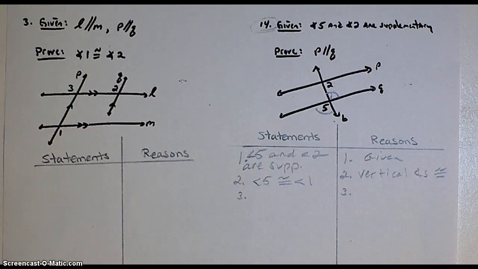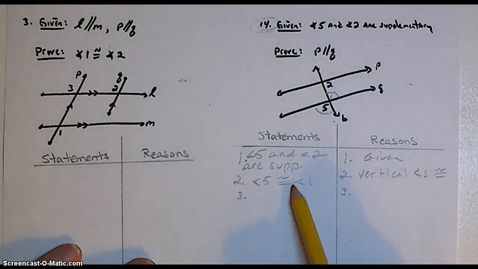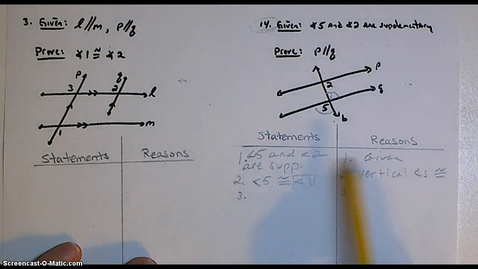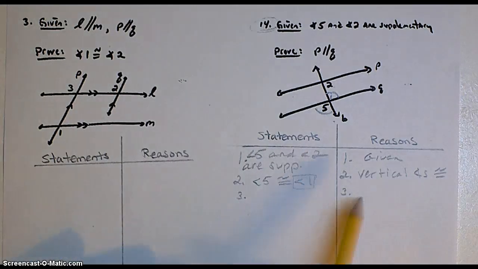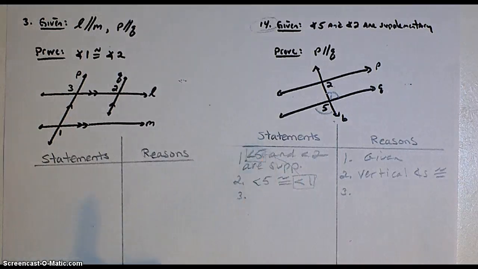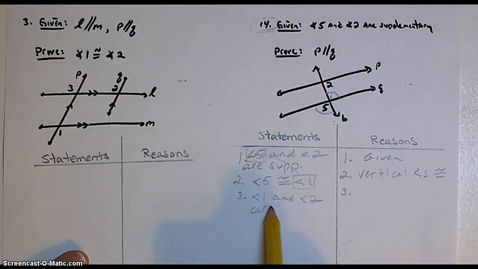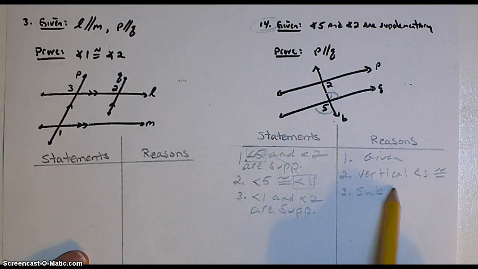And now I'm going to basically substitute, just like I did in all those other examples. I'm going to take this angle 1. Where could I plug it in? I could plug it in for this angle 5 right here. So now I could say angle 1 and angle 2 are supplementary by substituting.